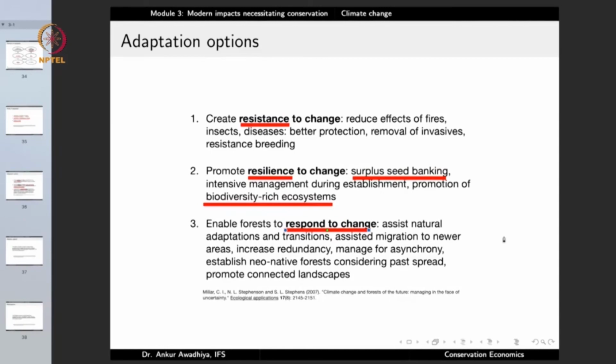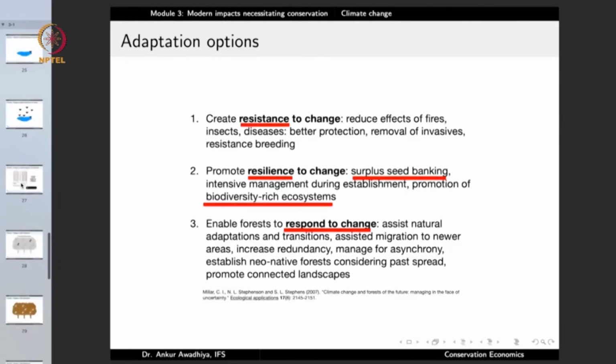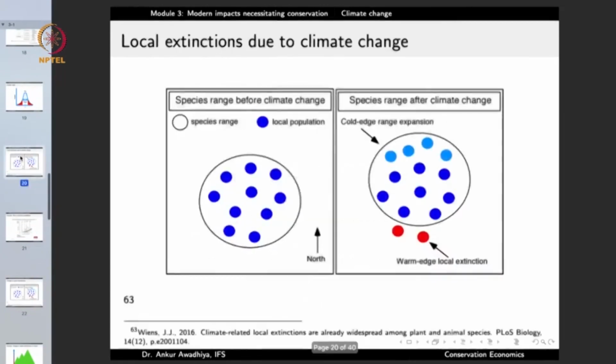Now, how do you enable response to change? You assist natural adaptations and transitions, assisted migration to new areas. So, what we are saying here is that because of changing climate, we expected that we will have a range expansion in this area and we will have an extinction in this area.